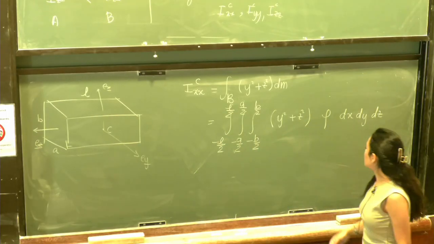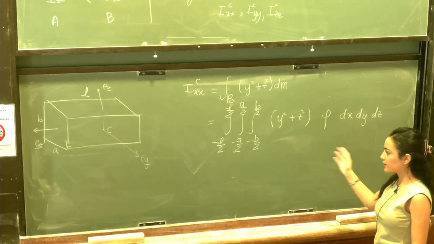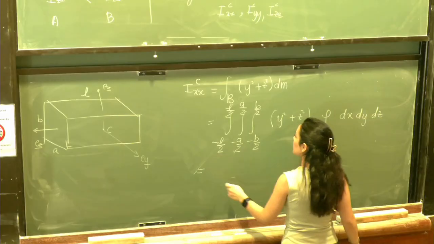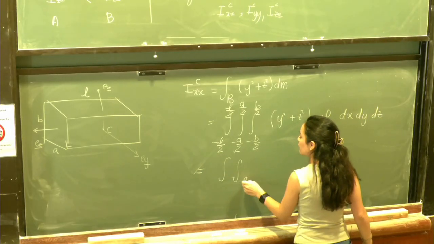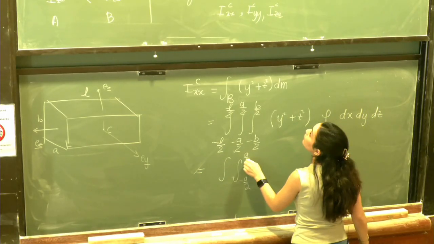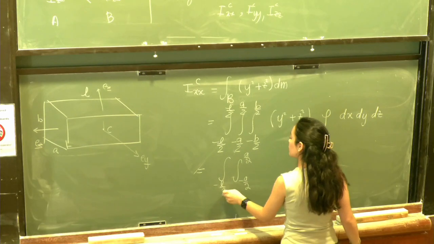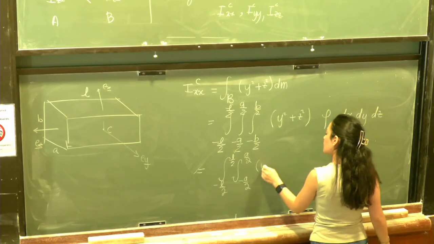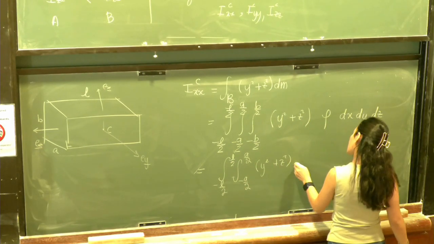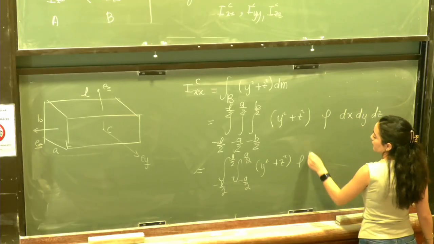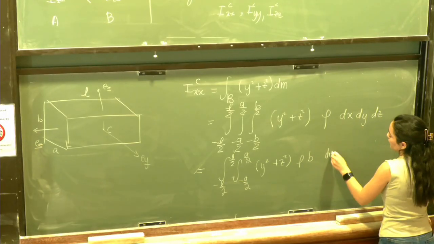Right. So if I integrate dx, this does not depend on x, so I'm just going to get the integral from minus a over 2 to a over 2, minus L over 2 to L over 2, of y squared plus z squared, rho times b, dy dz.